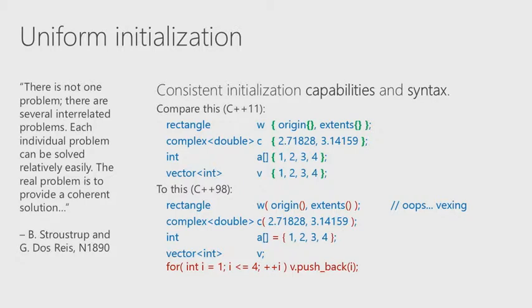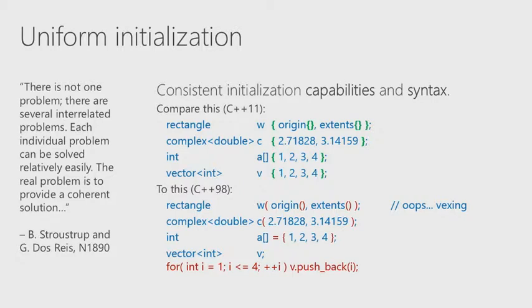If you remember the bad old days, down at the bottom of the screen, the way that you initialized an object changed its syntax depending on what kind of object it was and what situation it was, and sometimes it was even ambiguous, like that first line in the second example, which was actually declaring a function if you tried to create an object using that syntax and then pass it default constructed temporary objects of some other type. That happened to look syntactically like a function declaration. And Scott Meyers and others famously called that C++'s most vexing parse.